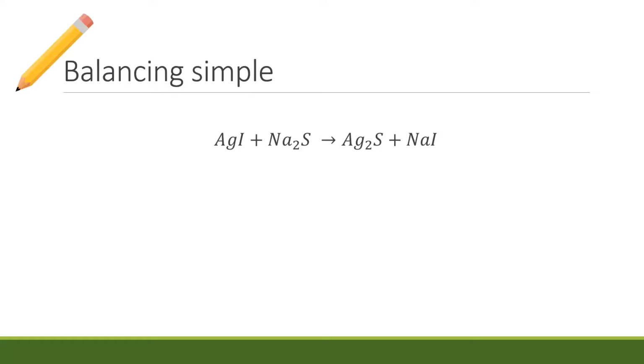Now, from term 1, you guys should be able to tell me what these are. Ag is silver, I is iodine. Because it's iodine, and that's our negative ion, we refer to this as silver iodide.